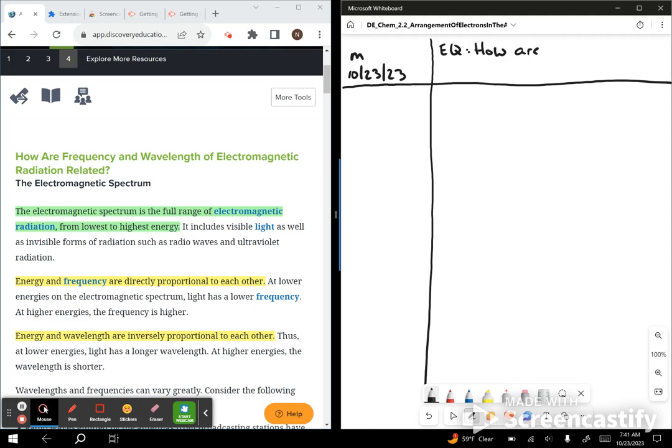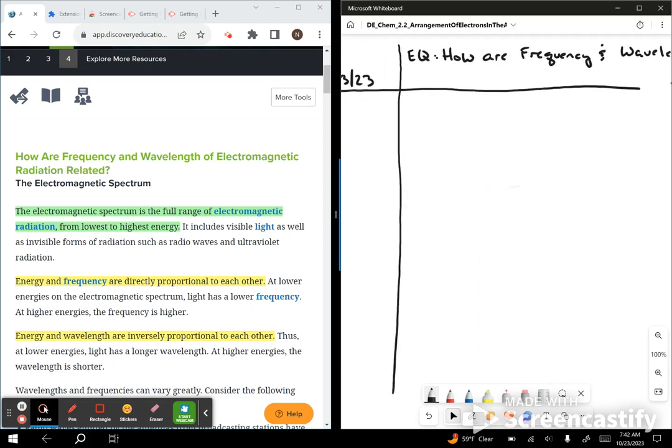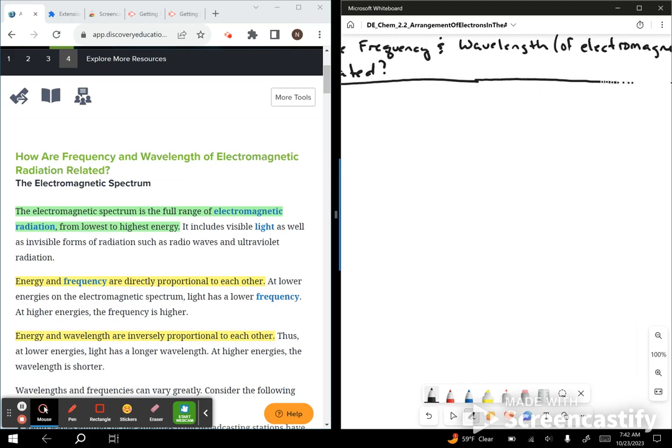How are, plural, two things we're comparing, how are frequency and wavelength, and we're talking about electromagnetic radiation, related? Question mark.